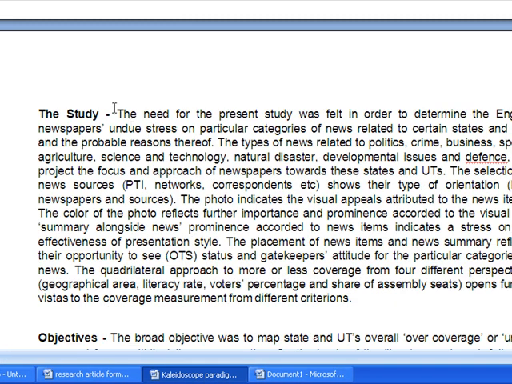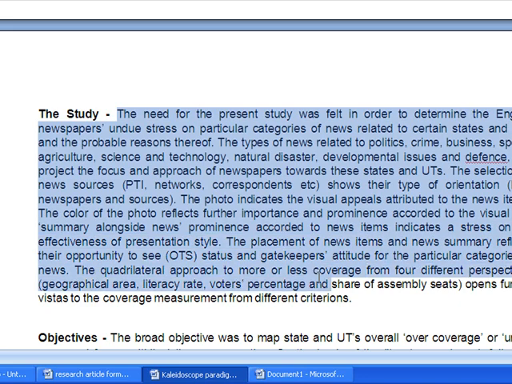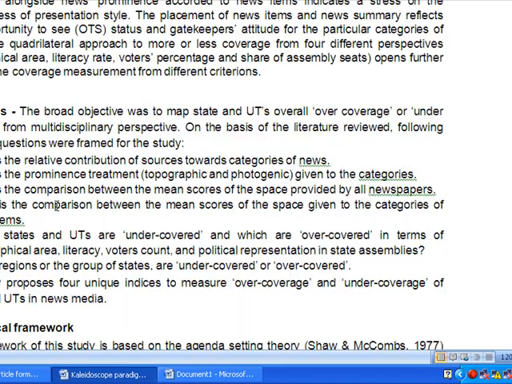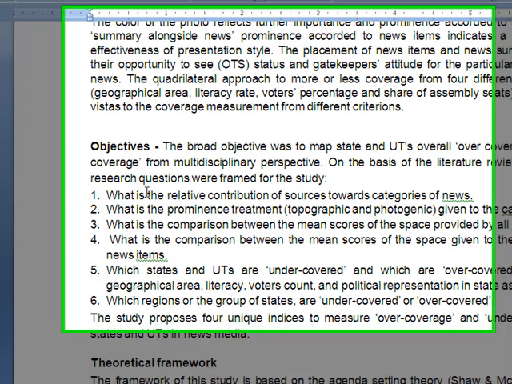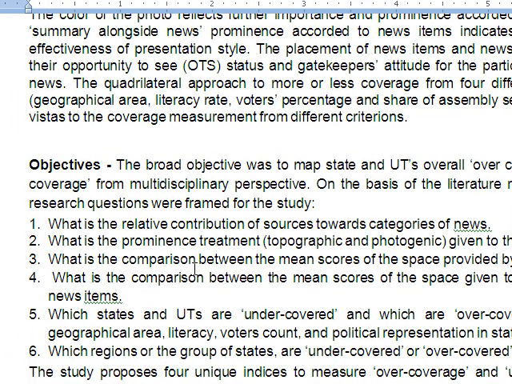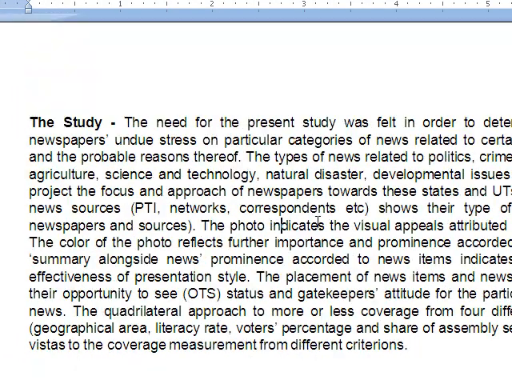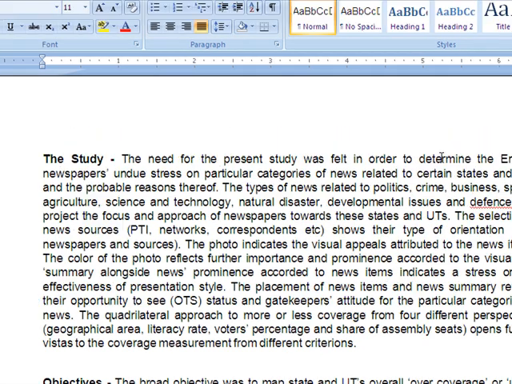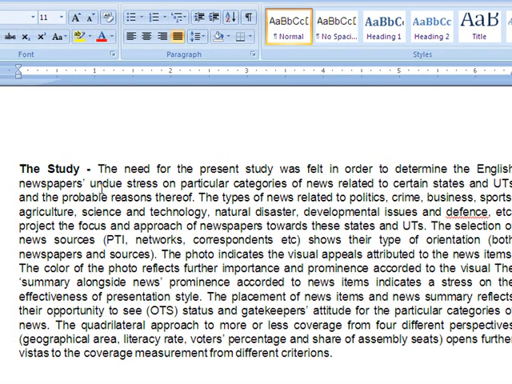The study mentions why you need this study. The objectives are written underneath: 1, 2, 3, 4. You have to explain the rationale of every objective here, that is, why you want to study this objective. Like, the need for the present study was felt in order to determine the English newspapers' undue stress on a particular category of news.